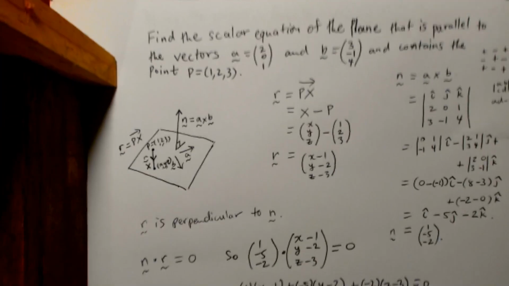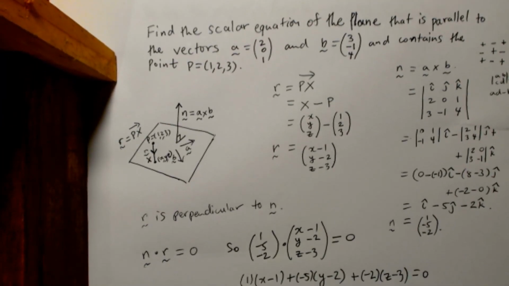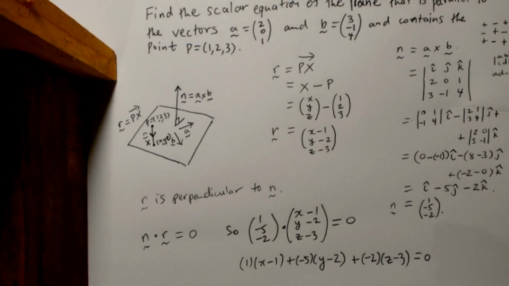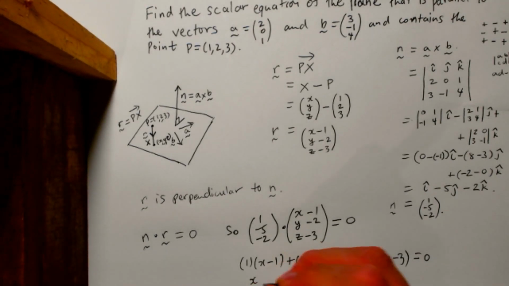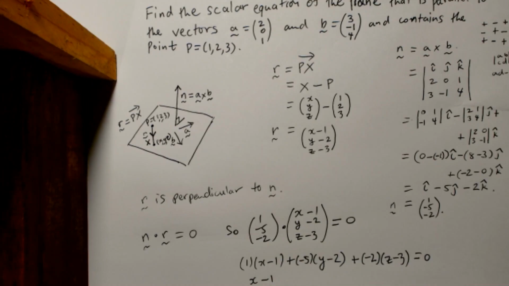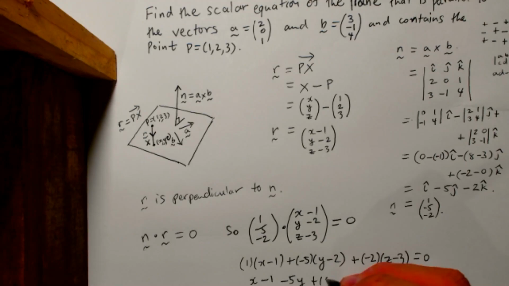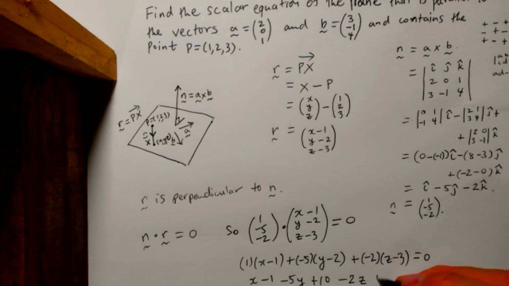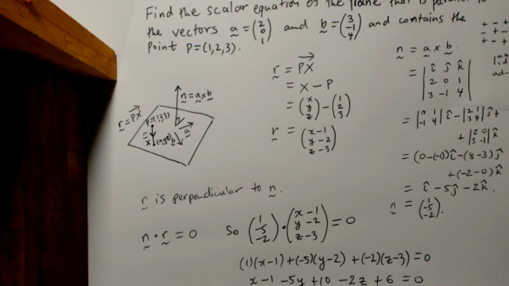Okay, now if I expand this, we have x minus 1 minus 5y plus 10 minus 2z plus 6 is 0. So there's our scalar equation, but it does need a little bit of tidying up. So to tidy this up, let's collect the like terms, and the only like terms are the single numbers.